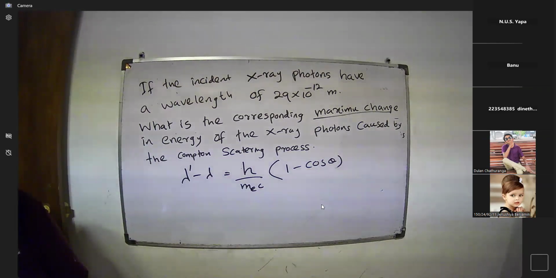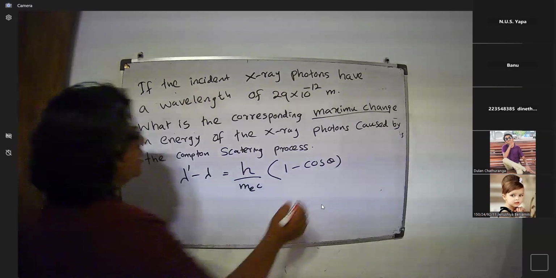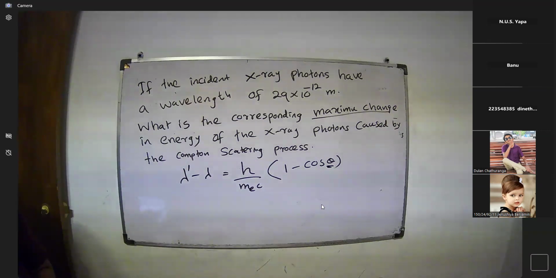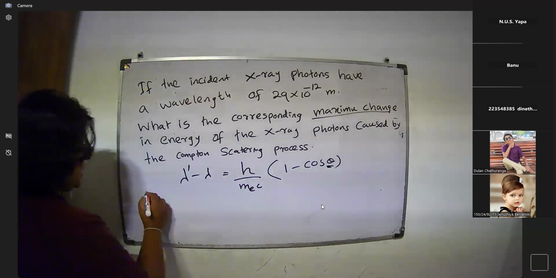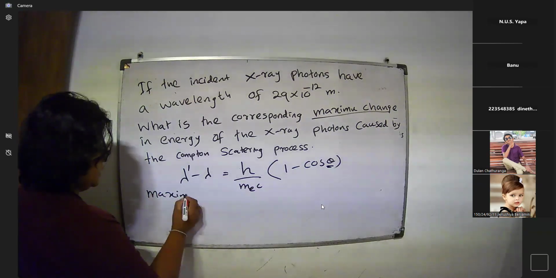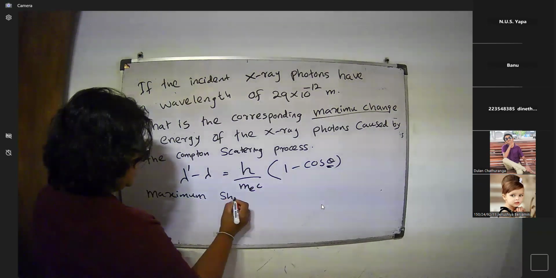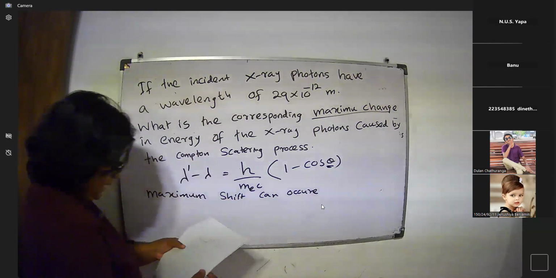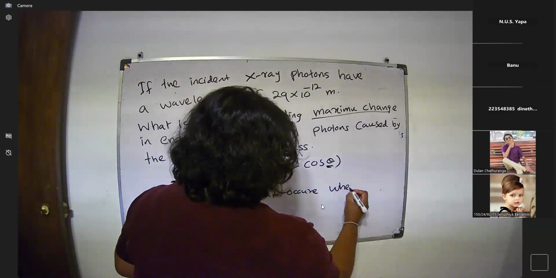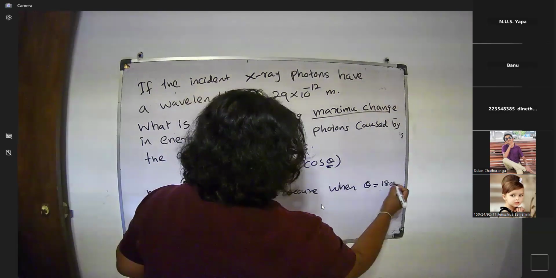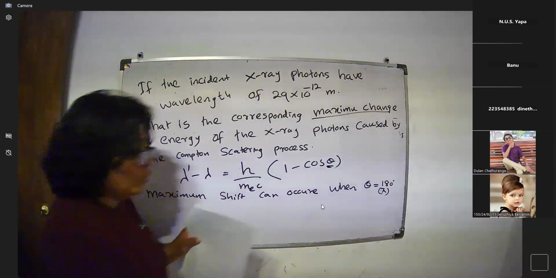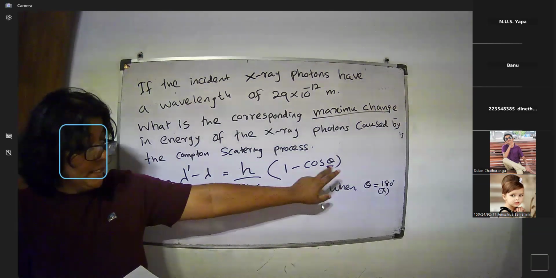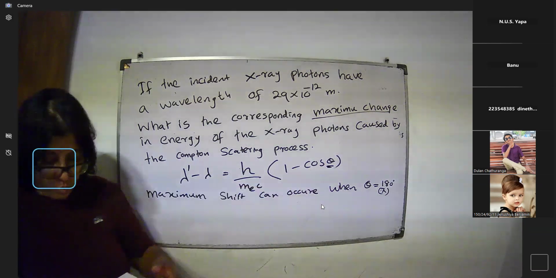For the maximum energy, what happens to theta? Cos theta. We can see the maximum shift can occur when theta is equal to 180 degrees, or pi radians. Cos 180 is minus 1, so 1 minus cos theta becomes 2.